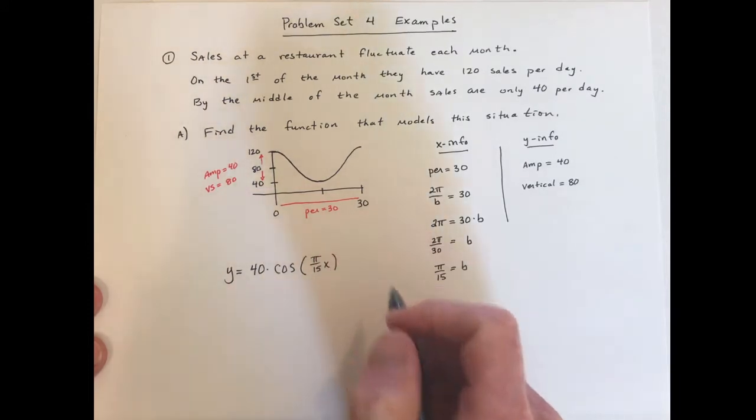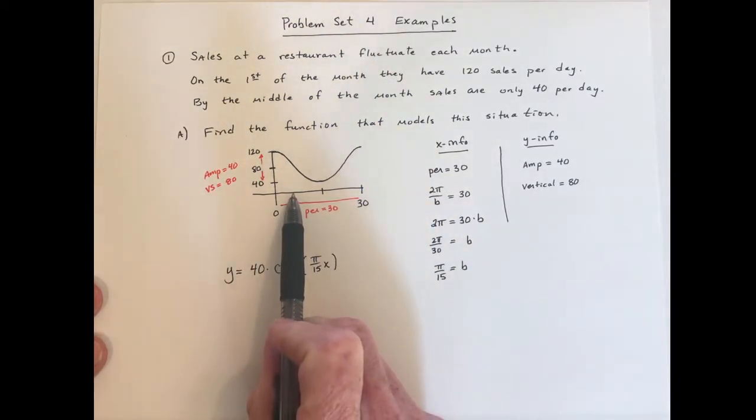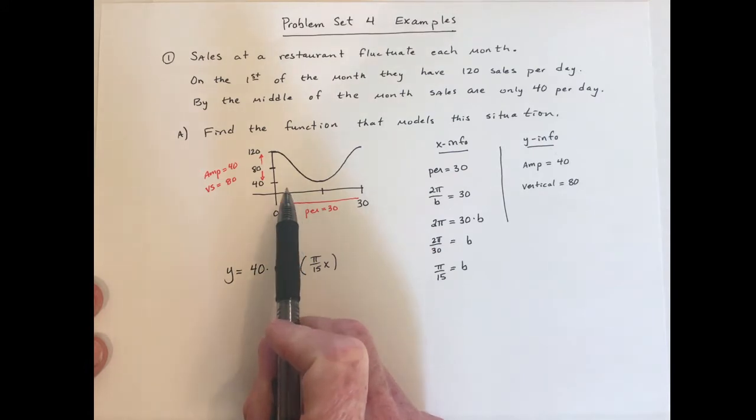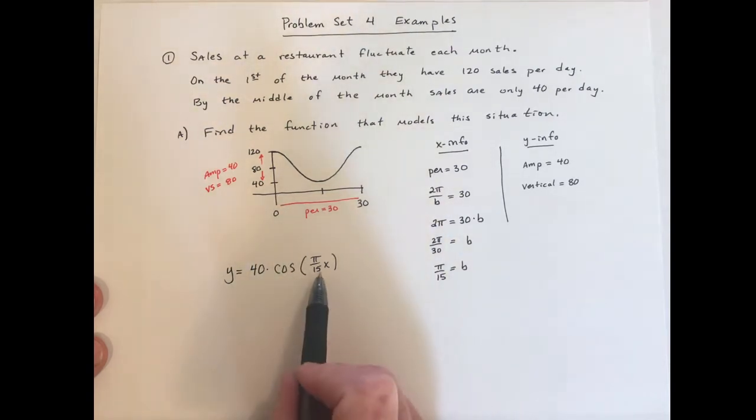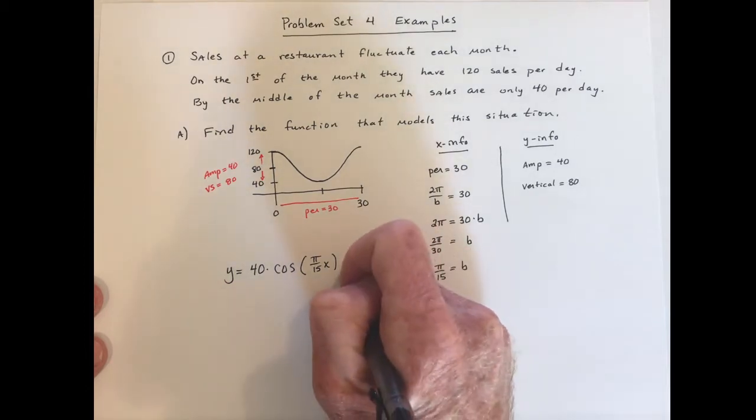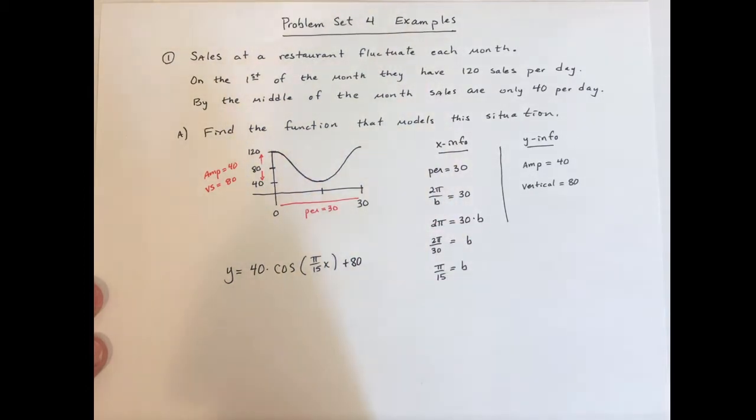And this one does not have any horizontal shift. Like if it said that it starts on the 5th day of the month, then there would be a horizontal shift. But this one, it's just starting at 0, so no horizontal shift. So that means this part's done. And then last is plus 80. So that's the function that models the situation.